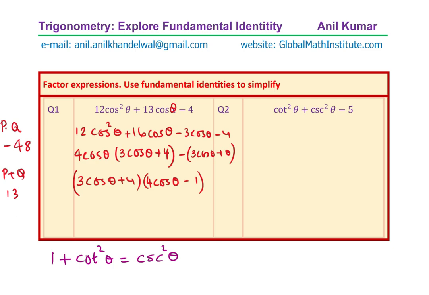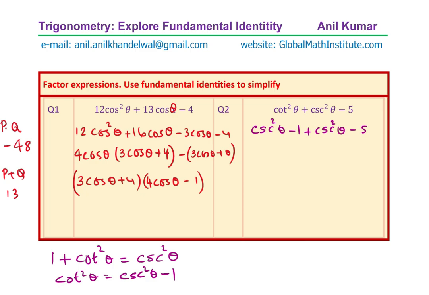Cot square theta is cosecant square theta minus 1, right? Let me rewrite this. So let's put that here. So we have, this is equal to cosecant square theta minus 1 plus cosecant square theta minus 5. So in that case, you could factor this in terms of cosecant square theta.